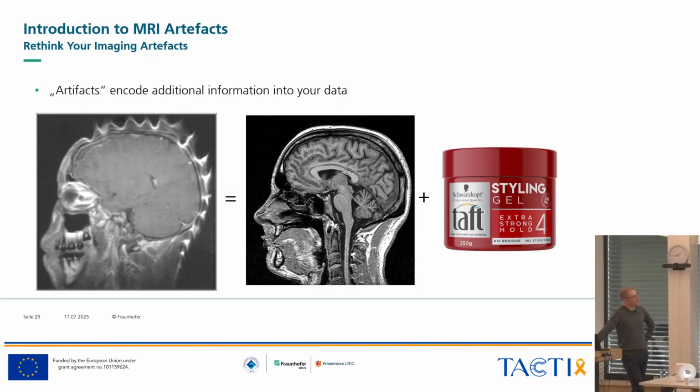But if you had a better reconstruction approach, you could probably extract additional information, for example this hair gel information from the image, which could tell you something about the object which you would not get if the artifact were not there. So it's not that bad if they are there, but we need to be careful about whether we can exploit them or need to correct them because we don't want to have them. It depends a bit on the application.